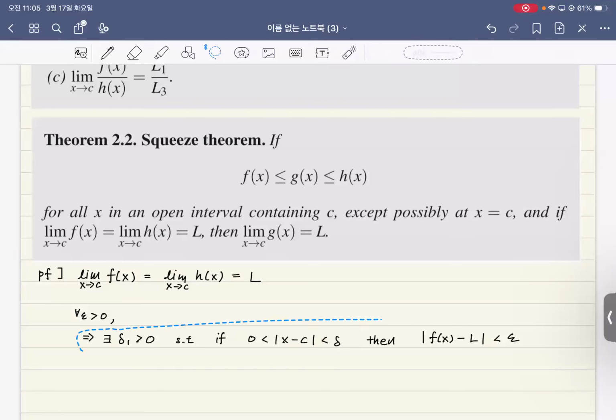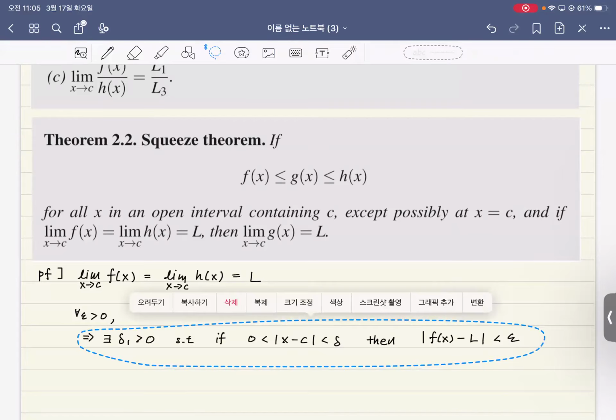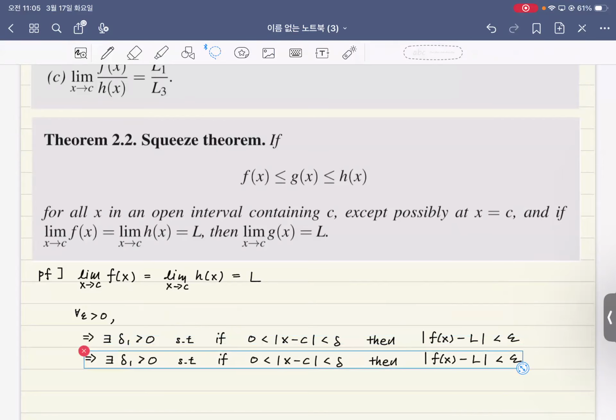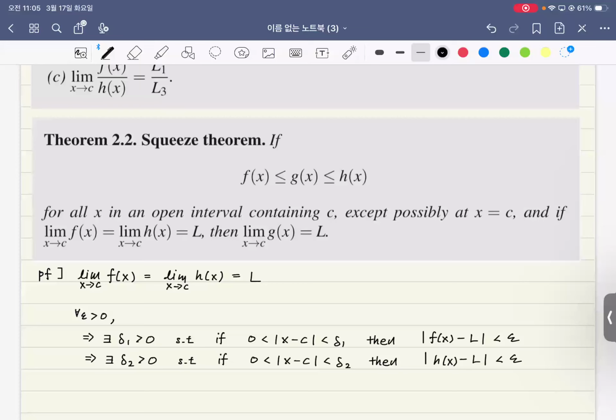Likewise, for the same epsilon, we can find another real number, which I will call delta 2. And if x minus c is less than delta 2, then h of x minus L is also less than epsilon.